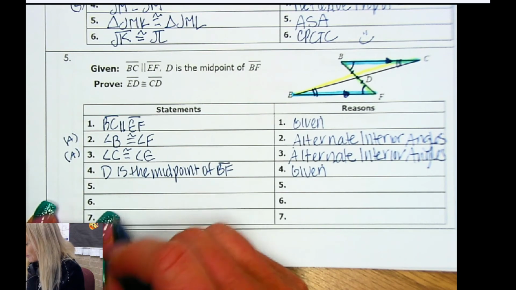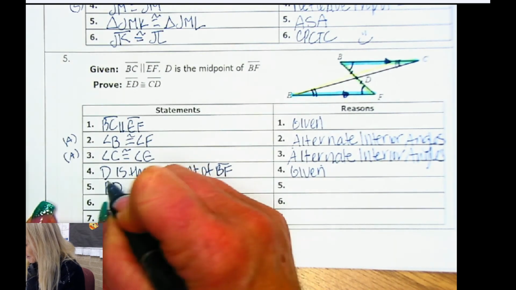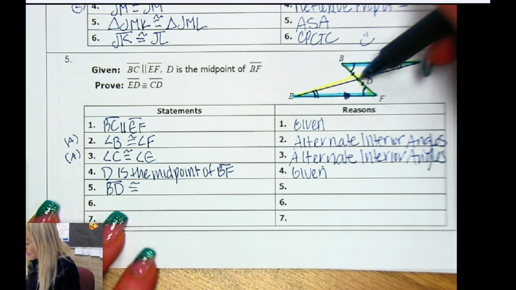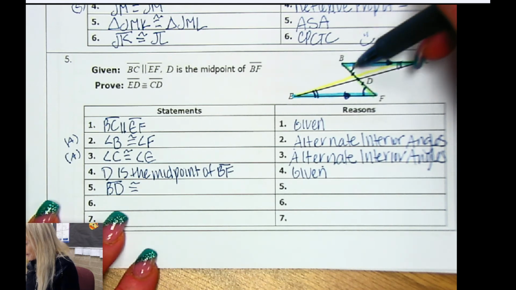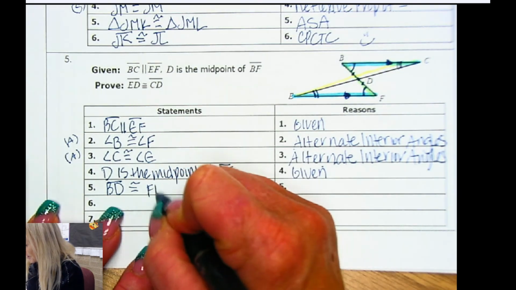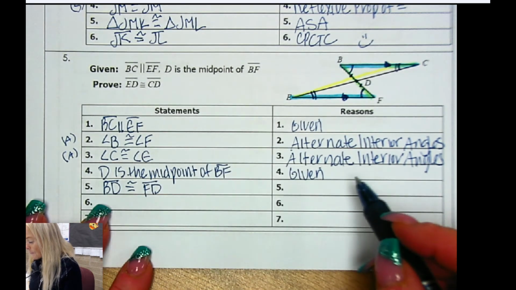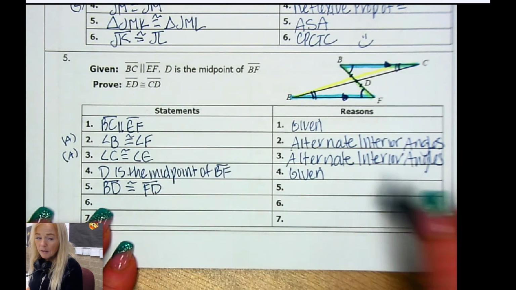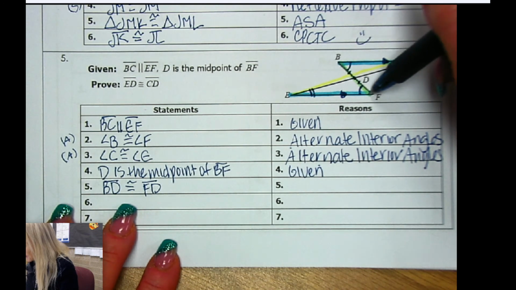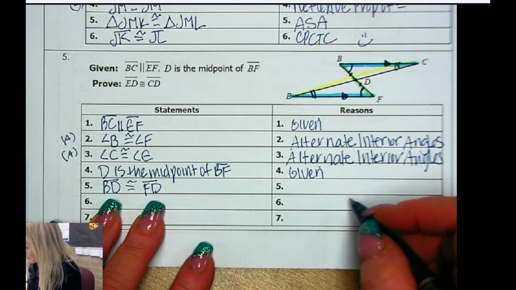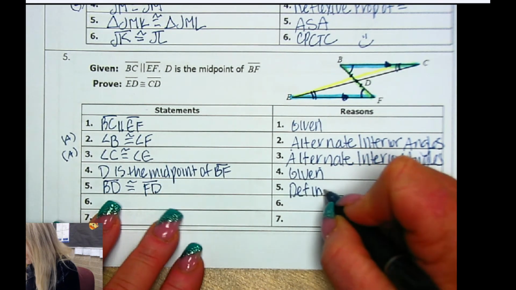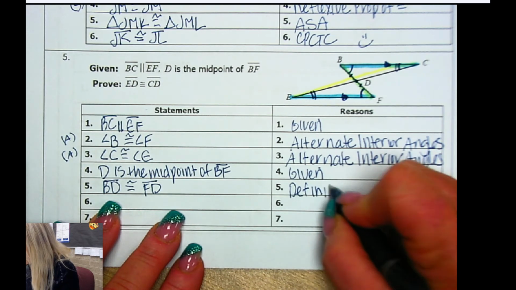So with D being the midpoint, then we know segment BD is congruent to, now notice I went from the side of one angle in to D, and now on the other one, I'm going to go from the one arc to D, so I need to state it in that order, BD to FD. I don't have anything to go by other than the angles that are congruent, so I have to go from 1 to none, B to D, and 1 to none, F to D, to state them. All right, and those are congruent by definition of midpoint. So it states in the given that D is the midpoint.